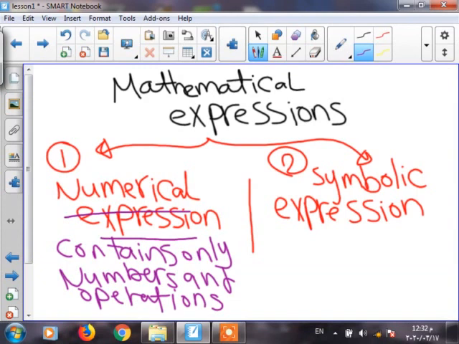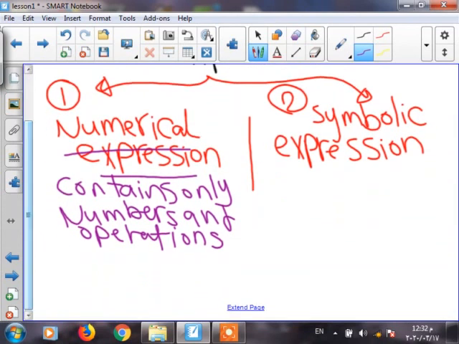Like what I have here, numerical expression, it contains only numbers and operation. Like what I have here, a number like 2, and another number like 4, and I want to put between them any operation like plus. This, all of 2 plus 4, is called a numerical expression.